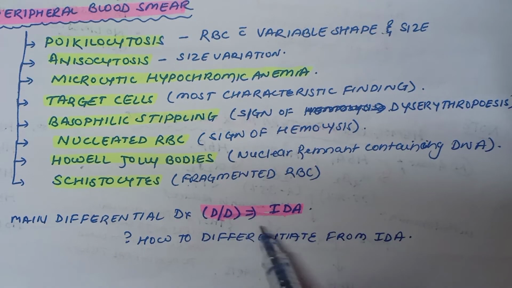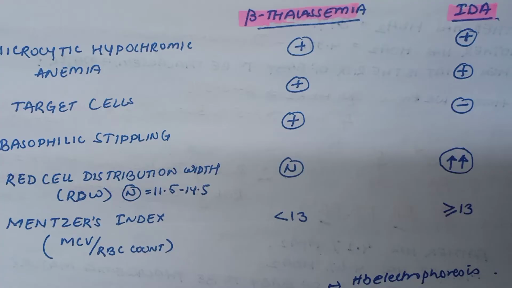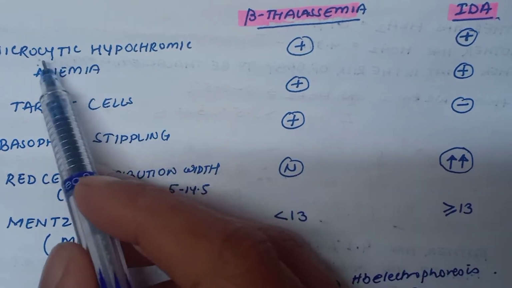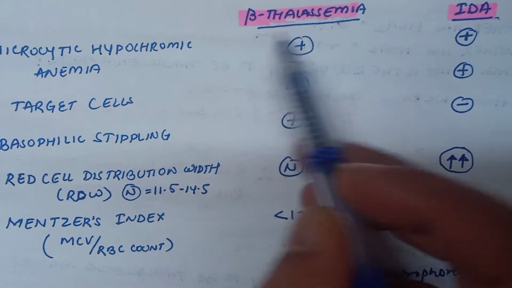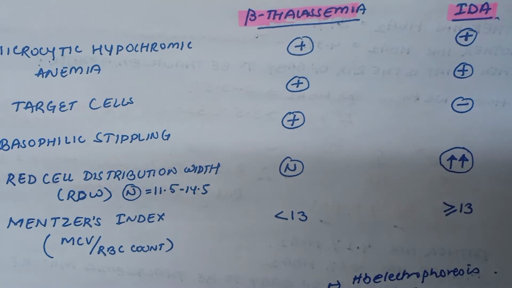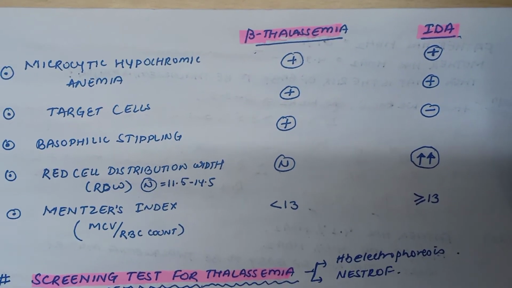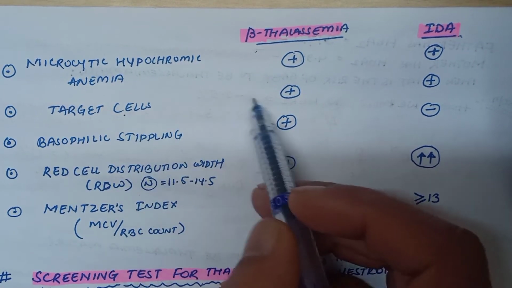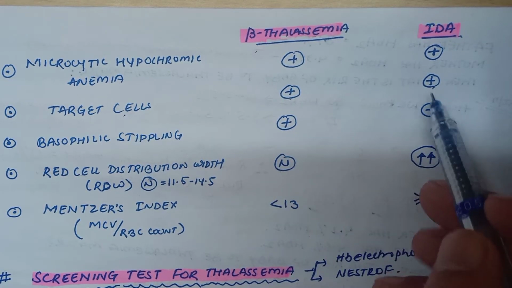So how will you differentiate iron deficiency anemia from thalassemia? So what we see here is that microcytic hypochromic anemia will be present in both beta thalassemia and iron deficiency anemia, and target cells will also be present in beta thalassemia as well as iron deficiency anemia.